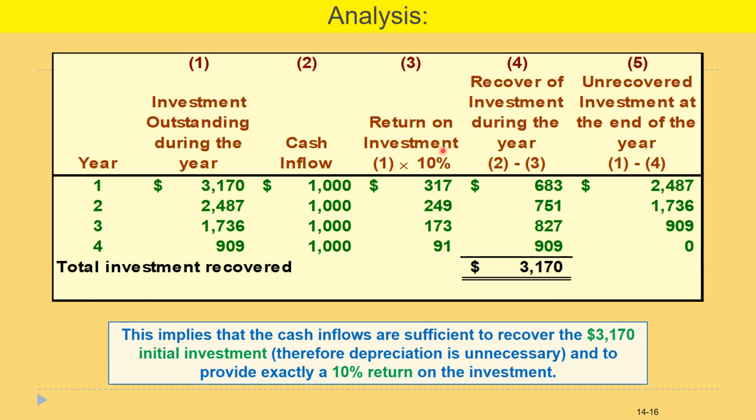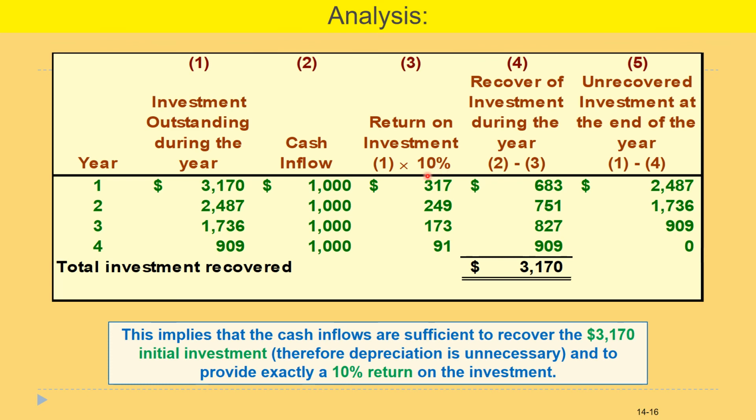You must recover the return on the investment. You can't just decrease by the cash inflow. Recovery of investment during the year and the unrecovered portion here. Okay, what will happen is at the end of the first year, we'll get a cash inflow of 1,000.